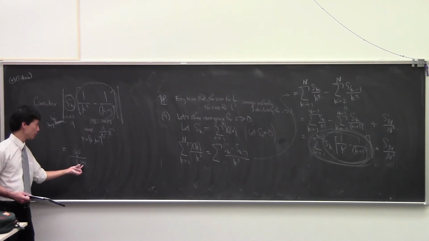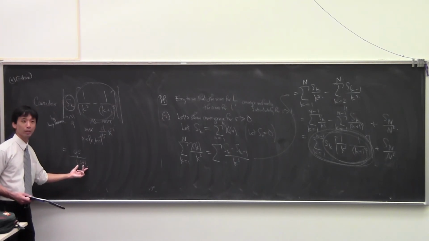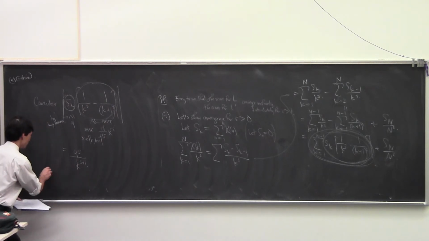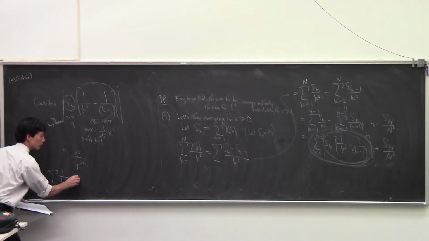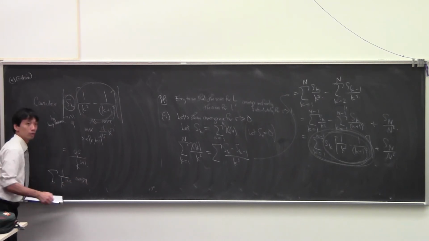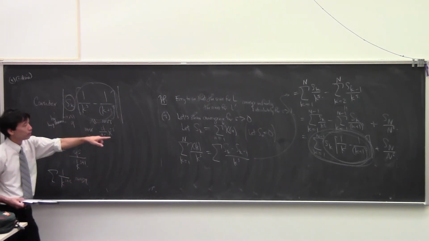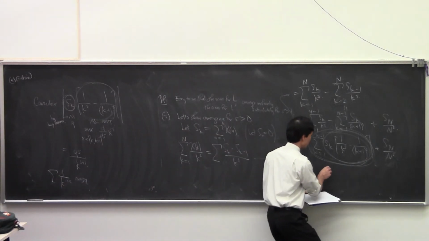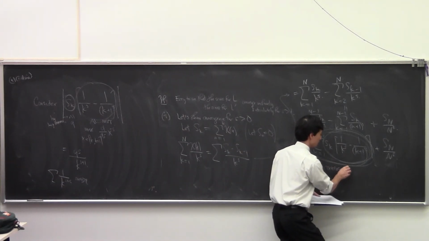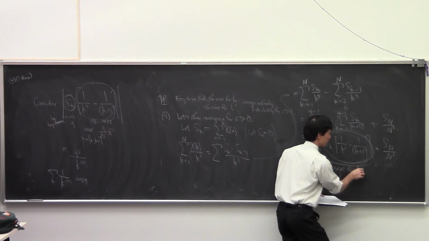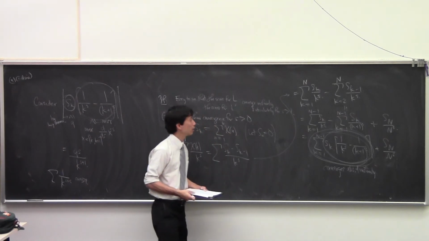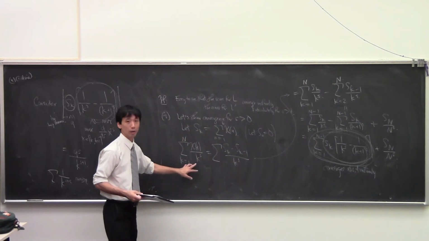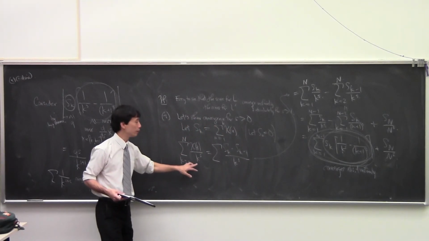As long as s is bigger than 0, this is 1 over k to the 1 plus epsilon. The summation of 1 over k to the 1 plus epsilon converges, and so this guy converges absolutely and uniformly. And thus, the original guy also converges absolutely and uniformly for s bigger than 0.